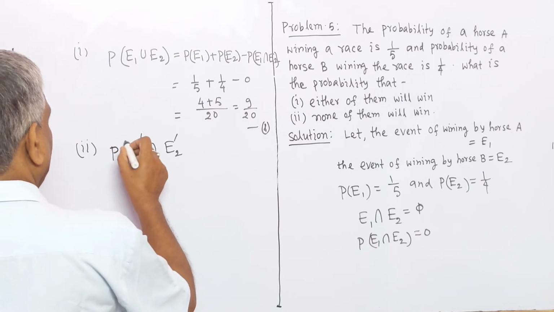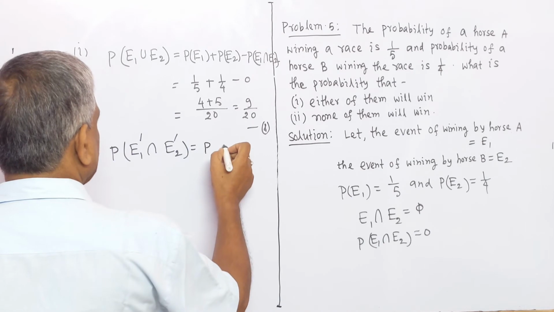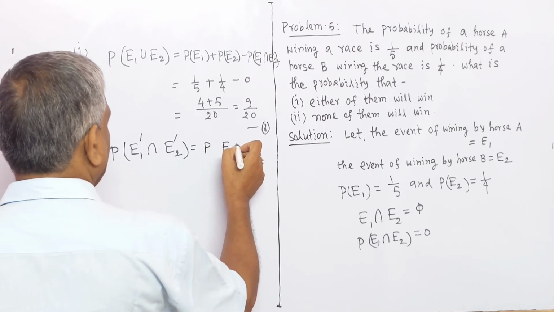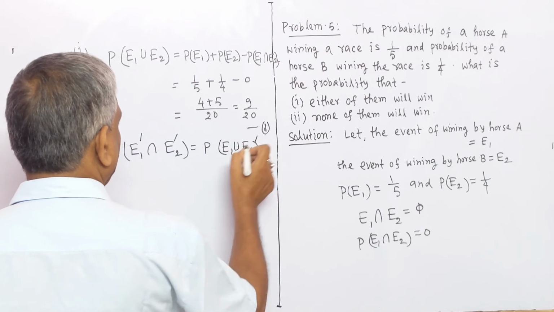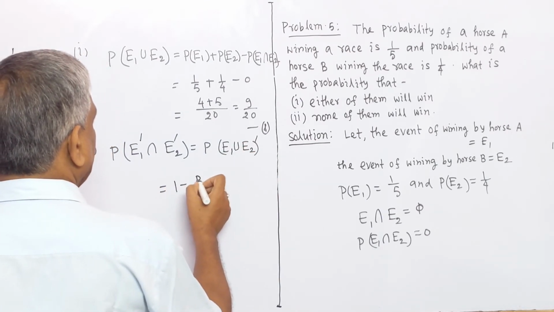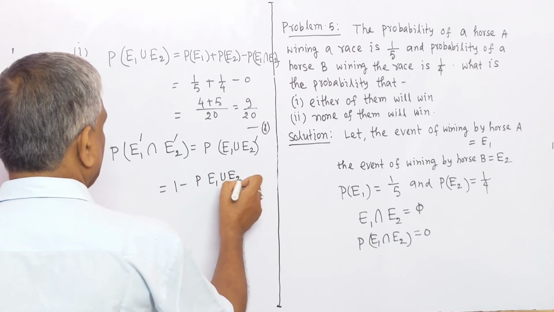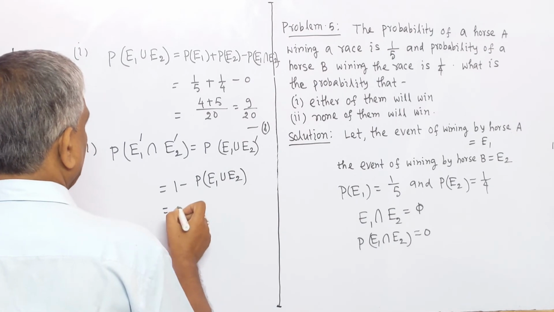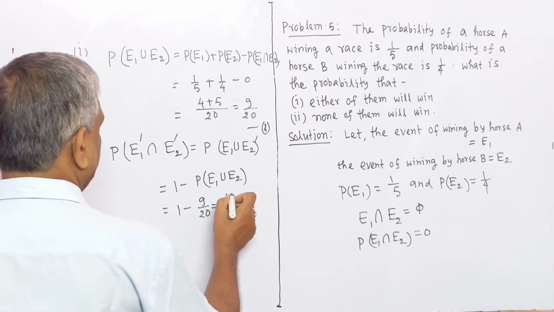The probability of this is, by De Morgan's theorem, (E1 union E2) whole prime, and this is equal to 1 minus P(E1 union E2), and this is equal to 1 minus 9 by 20. This is 11 by 20.